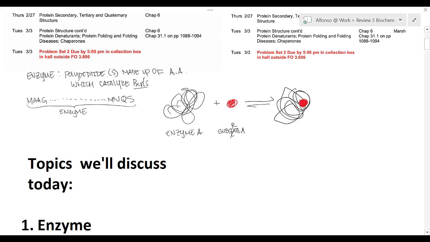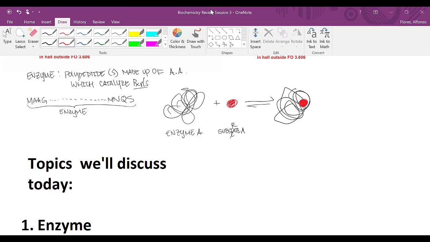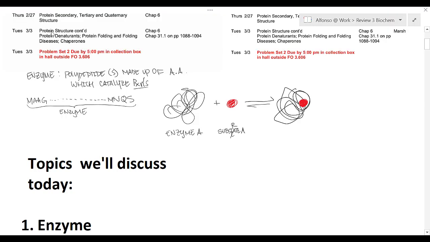And don't get too worried about these words like substrate. All that means is molecule. So you can just replace the word substrate with molecule if that'll help you out a little more. So enzymes are made up of polypeptides and they bind substrates, forming the enzyme substrate complex.